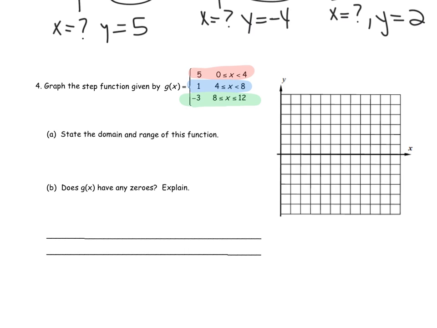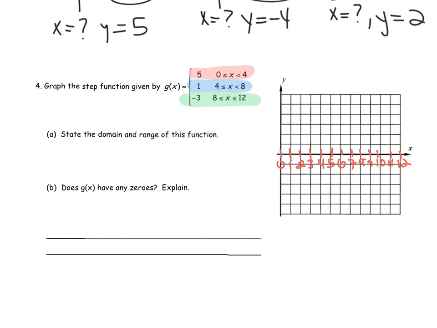So if I look at the top, if I have x is between 0 and 4. So let's make our axes, and let's see, we have 0, 1, 2, 3, 4, 5, 6. All right, you get the point. We're just going by ones here, right? 10, 11, and 12. So it is going to fit.